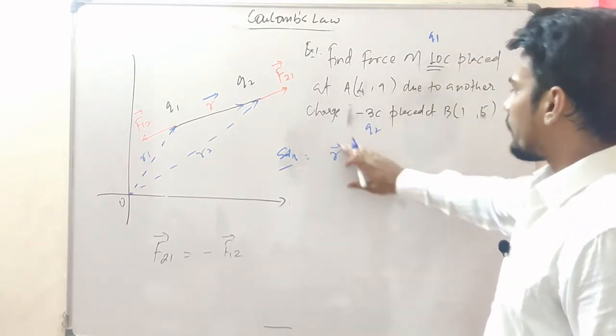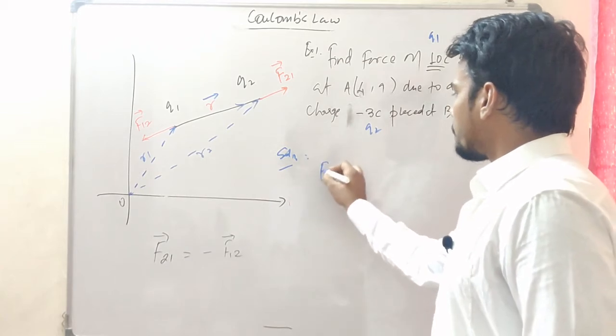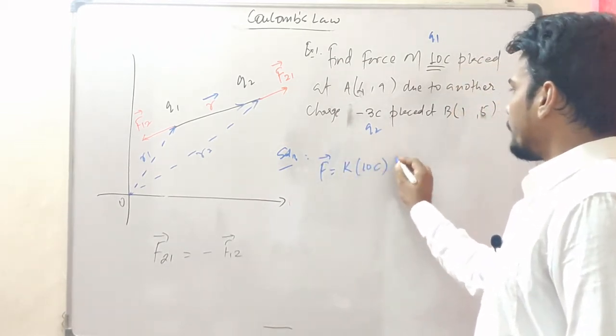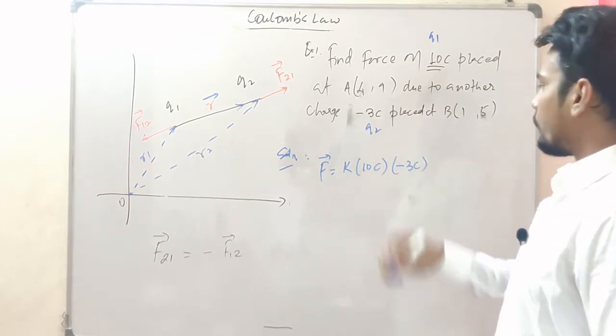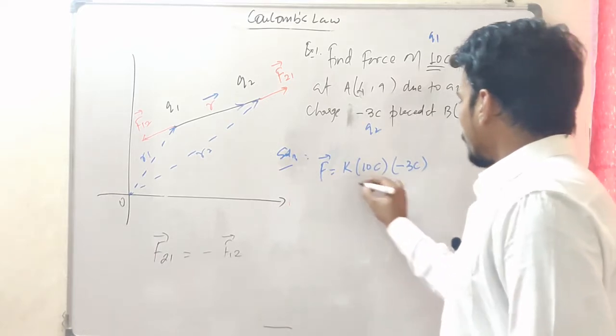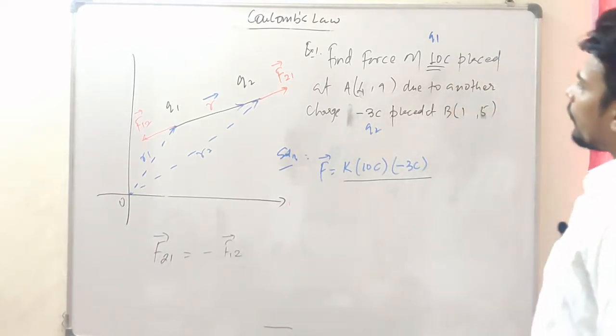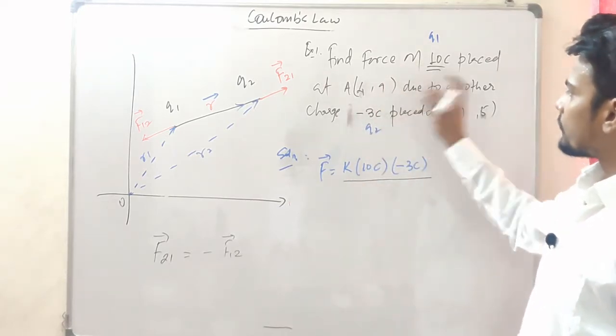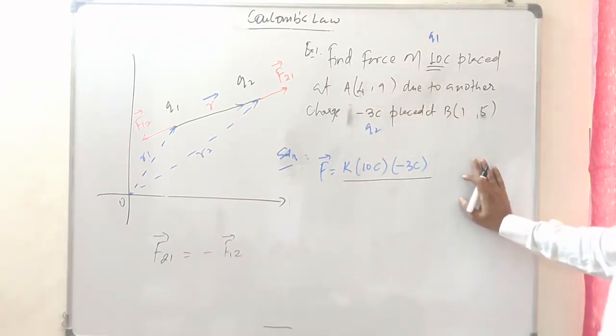Or else directly you can just go ahead: F equals K q1 q2, so 10 coulomb, and q2 should be written with the minus included, so minus 3 coulomb, over r2 minus r1, whole cube. It should be heading towards that: r2 minus r1.